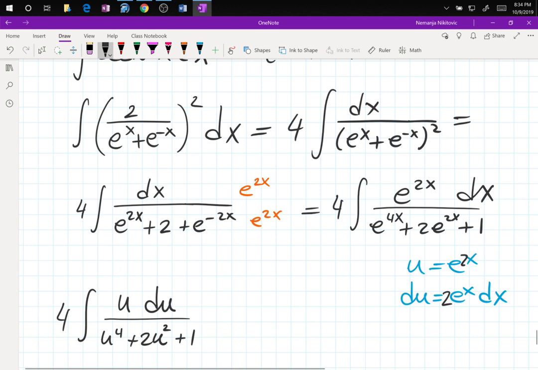That's true, it actually helps a lot. Then I need to plug in a 2 and a half in the front, which changes this to a 2. And then the denominator becomes u squared plus 2.